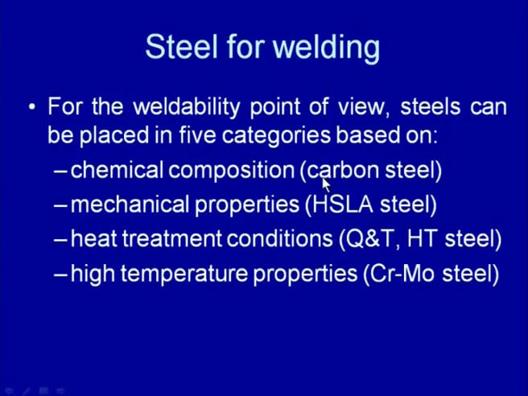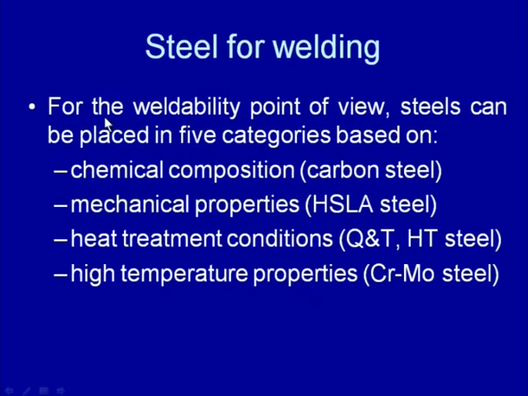In general, there are a variety of steels which are used for fabrication purposes and require welding very commonly, and these steels are of 5 different categories, and these categories are mainly based on the following factors. One is the chemical composition.